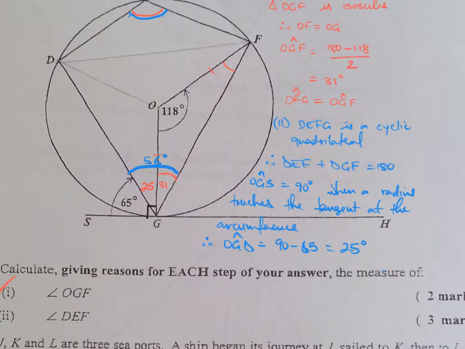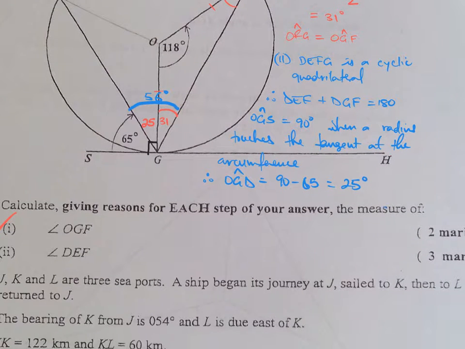And now I can find DEF. So this is my working out carrying on here. Therefore, DEF is equal to 180, take away 56 degrees, which is going to give us 124 degrees.